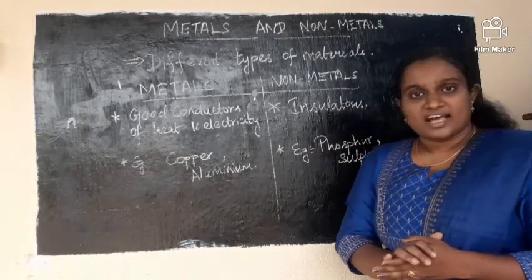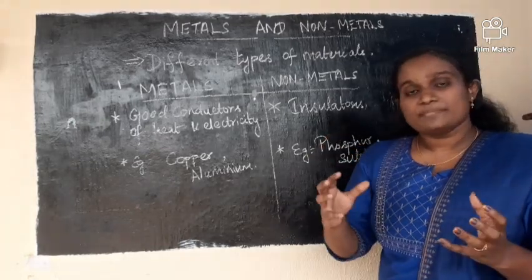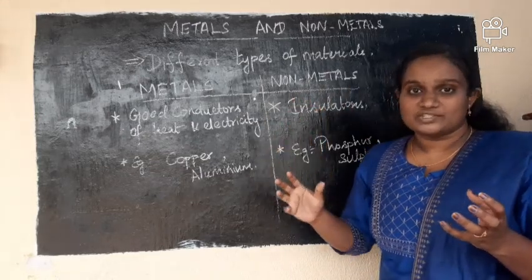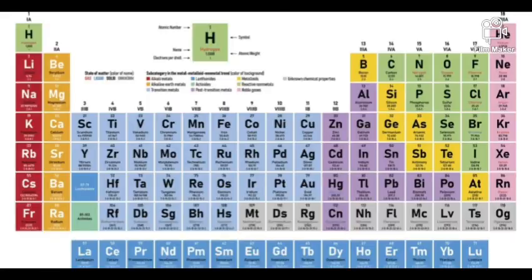Okay, now let us move deep into metals and non-metals by looking into our periodic table. So now let us learn about the metals and the non-metals from the periodic table given. The majority of elements in the periodic table are always metals.